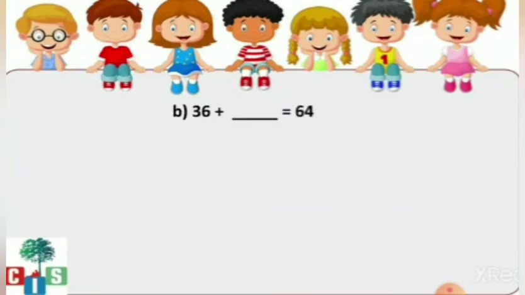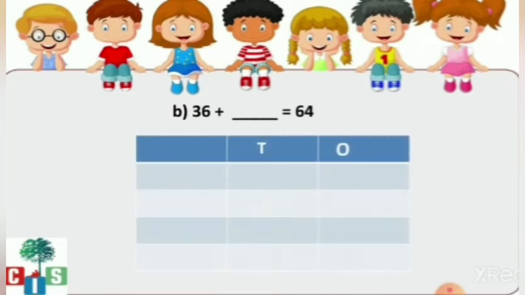The next question is 36 plus dash equals to 64. Here we have to find this number. The number is not given. So let's find the answer. We will write this number under correct column.